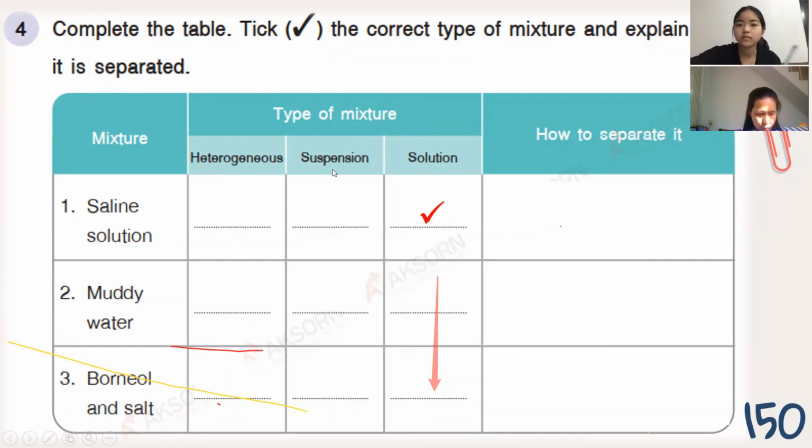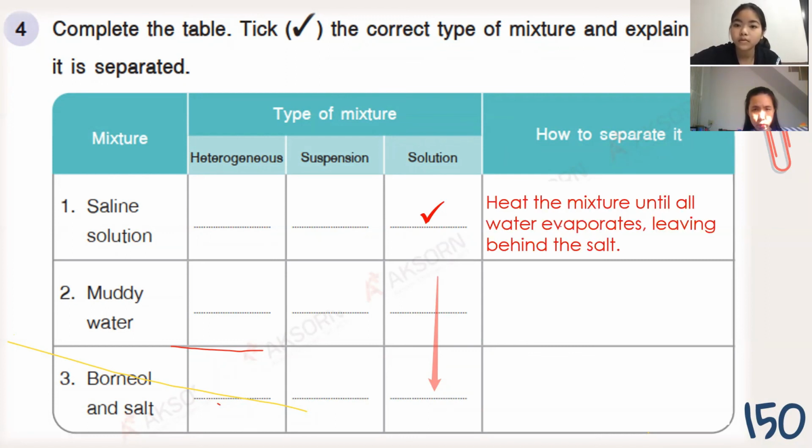Suspension is a mixture of components that do not mix well, and solution is like homogeneous, a mixture of both liquids. So saline solution, how do we separate it? We have to heat by sublimation or evaporation, right? Heat the mixture until all water evaporates, leaving behind the salt.